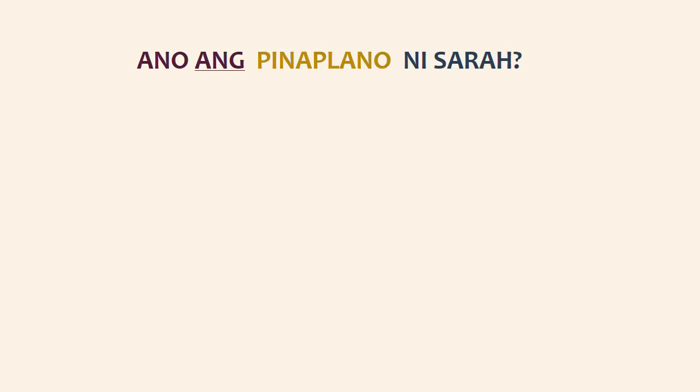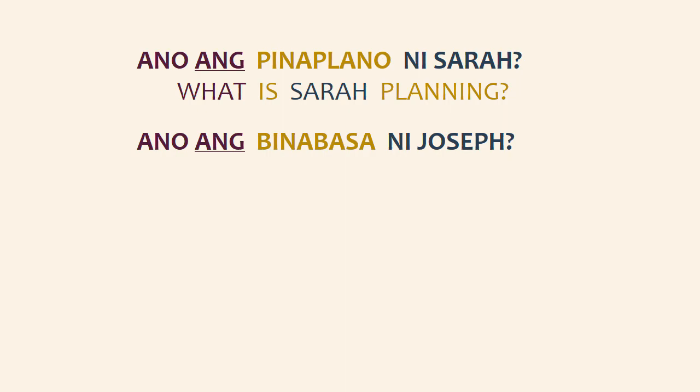Okay, more examples. This time, I won't use pronouns for the doers of action. Ano ang pinaplano ni Sarah? What is Sarah planning? Ano ang binabasa ni Joseph? What is Joseph reading?